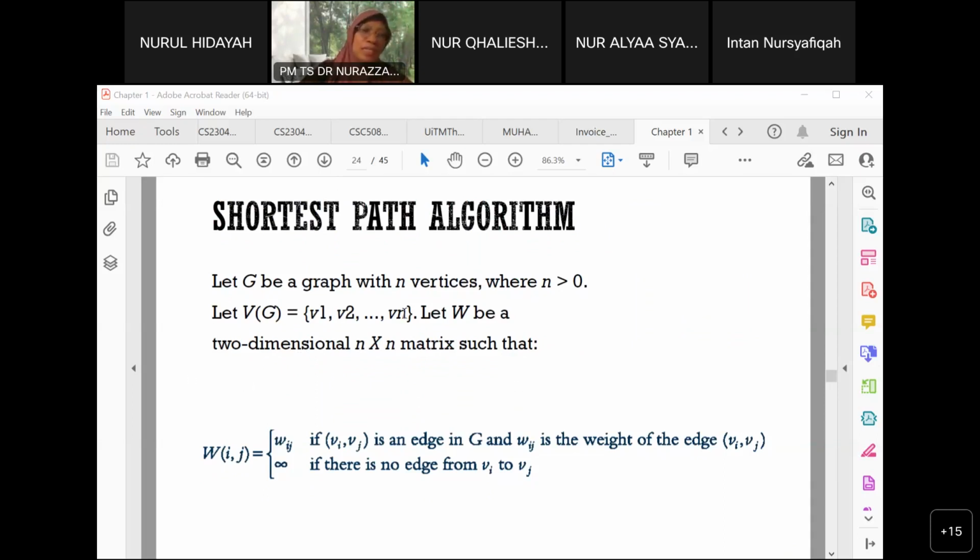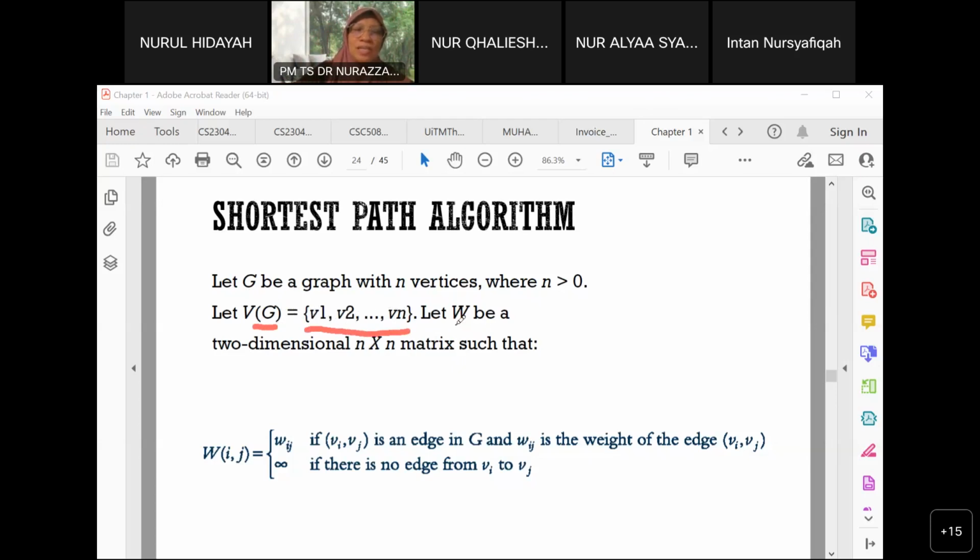Okay, and then VG is a list of vertices V1, V2 until Vn. Cara kita tulis tu dalam curly braces ni, meaning this is a set of vertices in graph G.